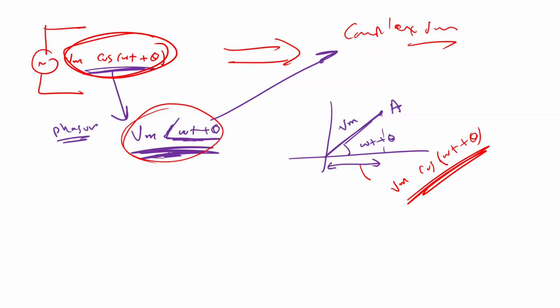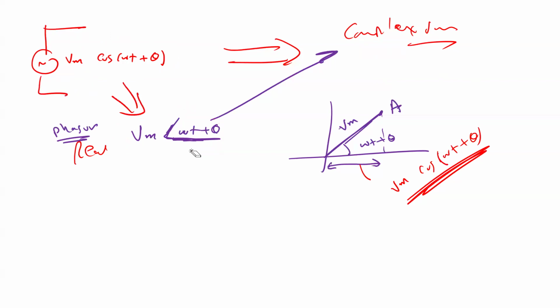Then if you want to go back, I will do the same thing, but I will only take the real part. Why? Because the relation between these two is that the real part of this one gives you this one here. So I can convert it this way and use it in the calculation.